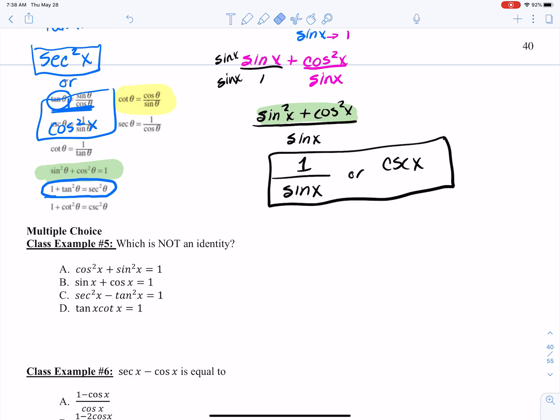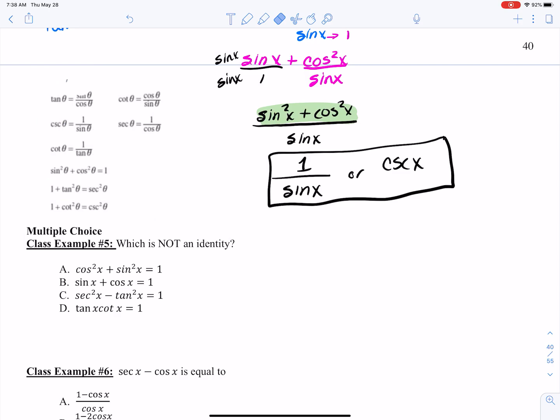All right, now get rid of this, clean it up a little bit. Which is not an identity? Well, I can see that this is equal to this. So that's an identity. And if I rearrange this one, I get this one. So it is also an identity.